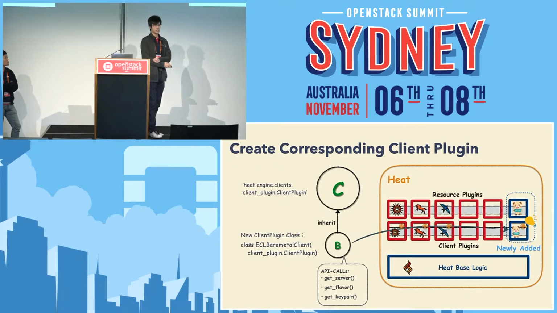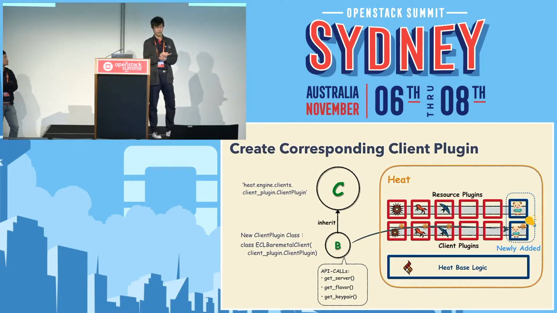After we made a new resource plugin, that's not enough. Heat needs a client plugin to make API calls. Looking at the Heat system, for example, Nova has a Nova resource plugin, and it also has a Nova client plugin. Cinder has a Cinder client plugin.